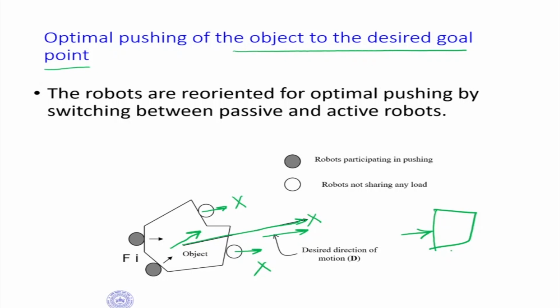Then if this is pushing, then the next one is pushing. So this is 1 and this is 2. When 2 is pushing, it is going this side. Then again 1 is pushing, then again 2 is pushing. So it is going in a zigzag path, but the net resultant is in this direction. So you have to divide your net resultant such that it is an average of the zigzag motion that we are getting. So this is my net resultant motion.